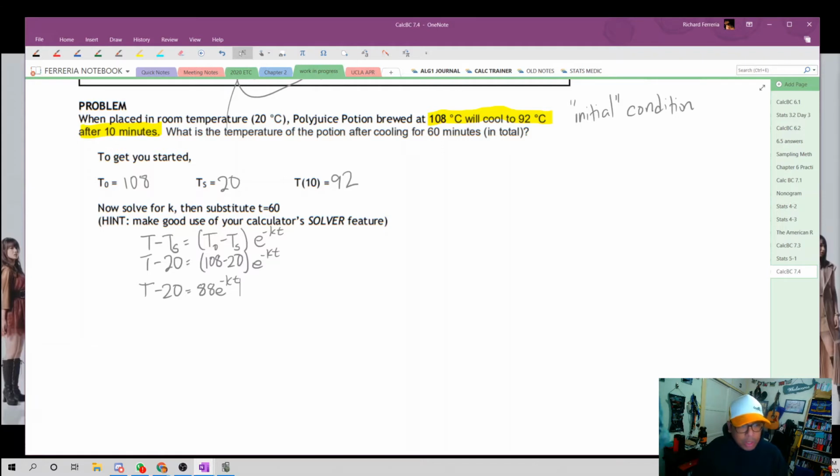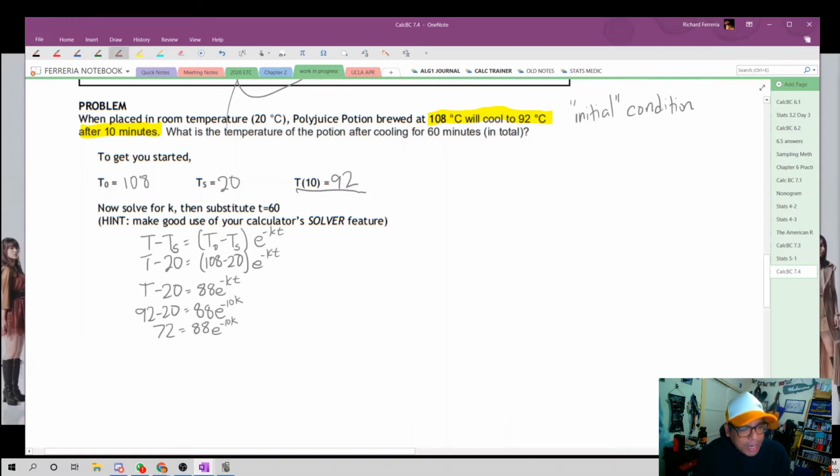Everything's looking really good. We have a dependent variable, we have an independent variable. Confusingly, they're both t's, so you'll have to make your peace with capital T and lowercase t. But we don't know our value of k. So in order to find our value of k, we're just going to go ahead and use this one right here. Here it is. T of 10 is 92.